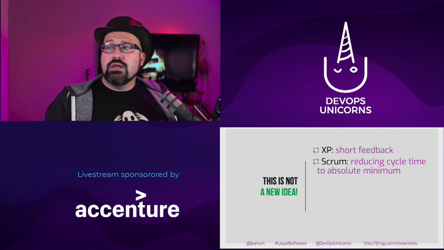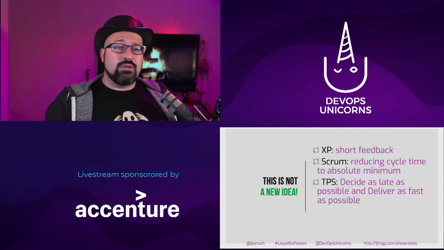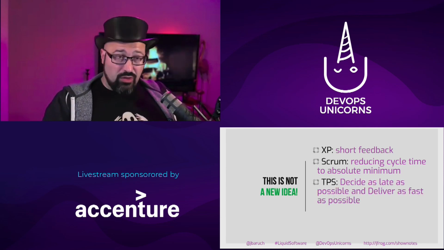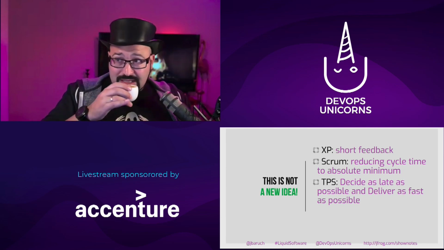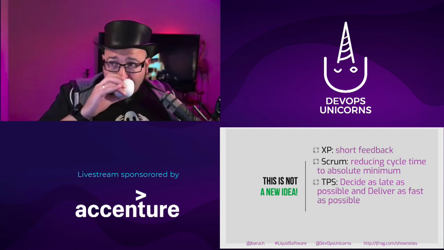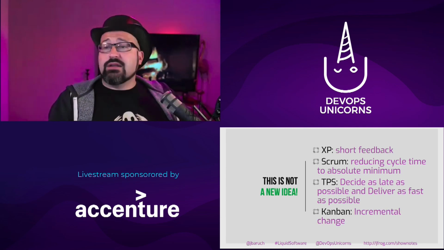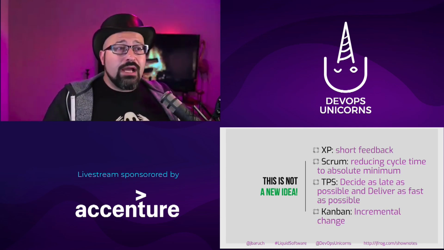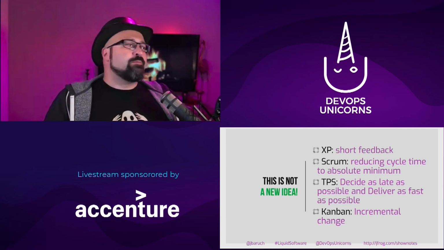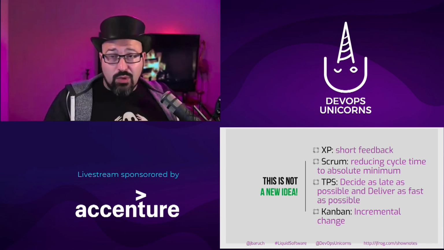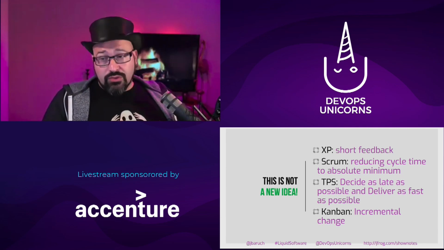Scrum, 2000: reduce cycle time to an absolute minimum. The Toyota production system or lean manufacturing: decide as late as possible, deliver as fast as possible. And Kanban: incremental change. All the agile is based on the idea of releasing faster. This is why a lot of organizations already do it.